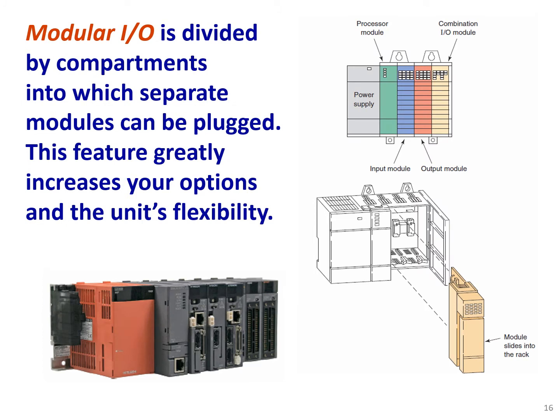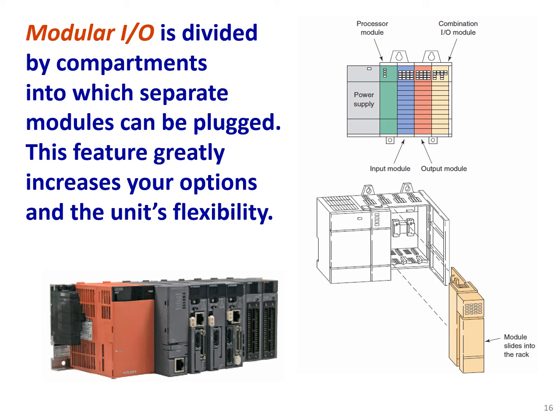Modular I/O is divided by compartments into which separate modules can be plugged. This feature greatly increases your options and the unit's flexibility. So here we could see one type of these modular I/O CPUs. Here is the CPU, and here we could see input and output modules.